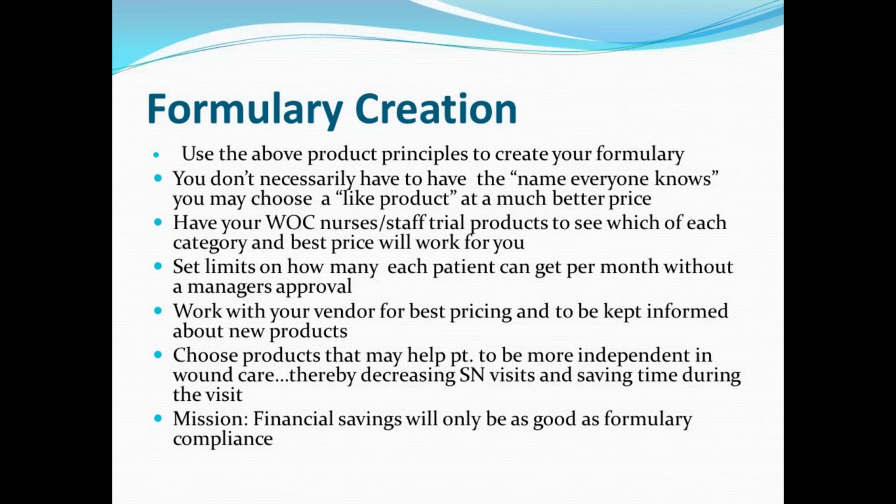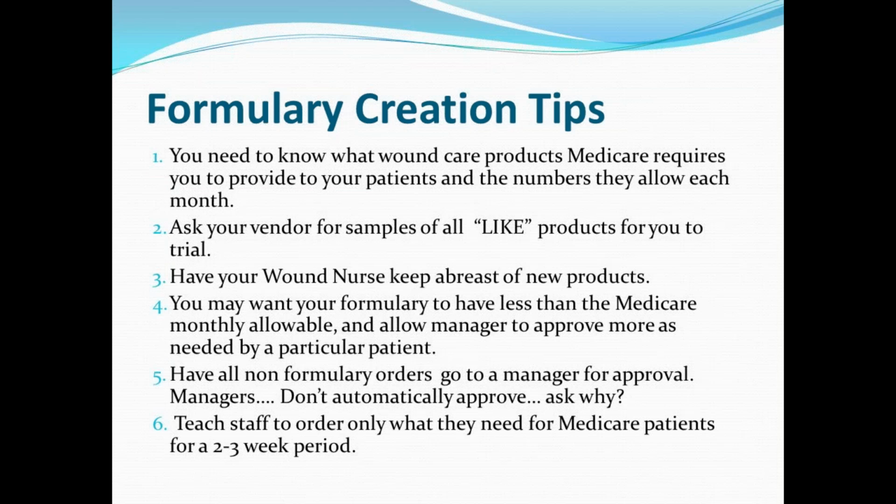Next slide, please. So, as I already said, CMS, Medicare tells us what we have to provide to patients. That's a given in terms of the types of products, but you get to choose which products in those categories. Your nurses need to be kept abreast of new products out there.